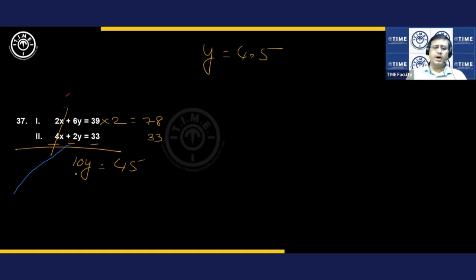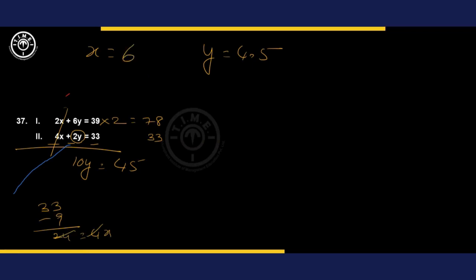Y is equal to 4.5. Just observe the x value. Y is equal to 4.5, so substitute here. 4.5 into 2 is 9. Subtract from 33. 33 minus 9 is 24. 4x is equal to 24, so x is equal to what? 6.